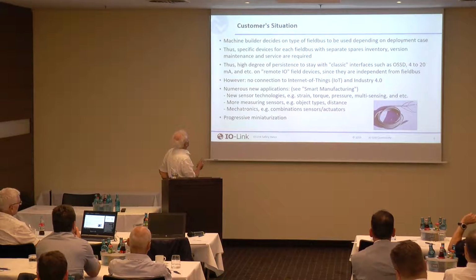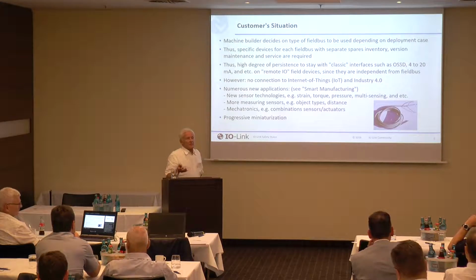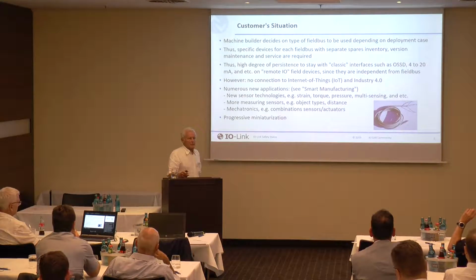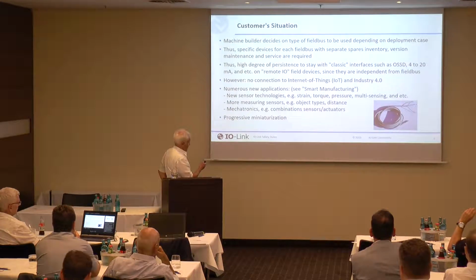Okay, so now the customer situation. Machine builders decide on the type of field bus first, depending on what their machine customers want to see. So that's the first decision, the field bus and the FSCP.